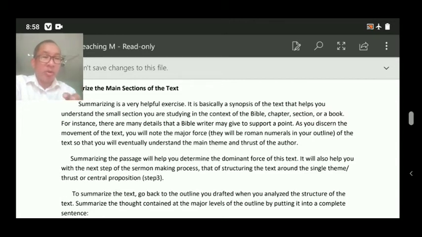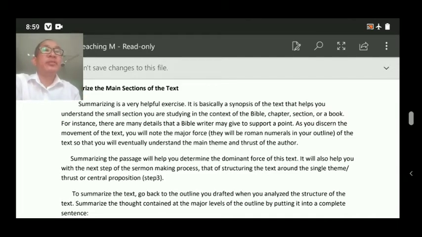You will understand all the sections or the book. You will understand the portion that you are studying, or the portion that you are going to preach. You will be well equipped by summarizing again. It is a must that right after your division, you summarize your structure again.